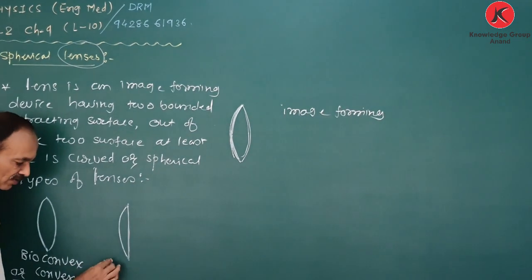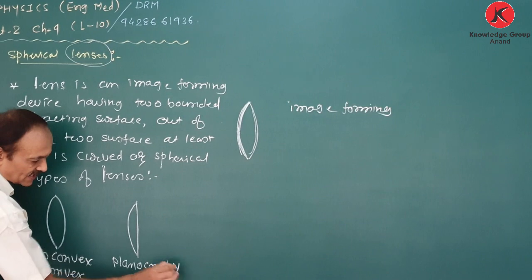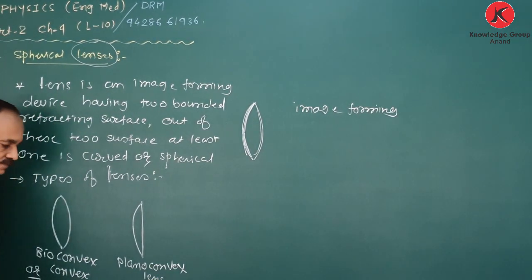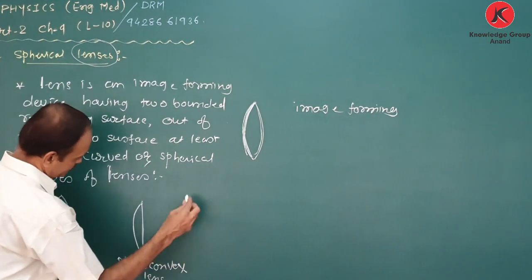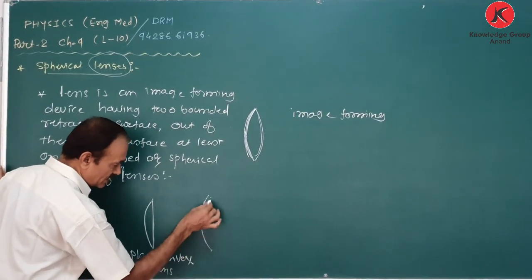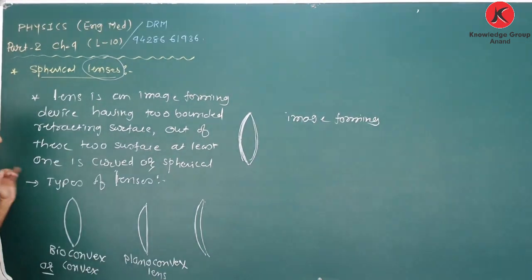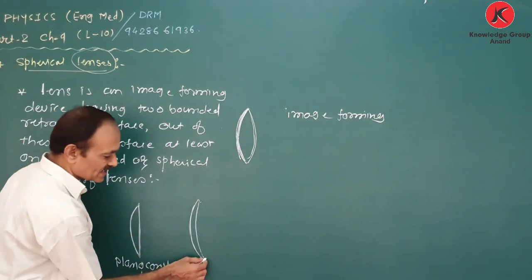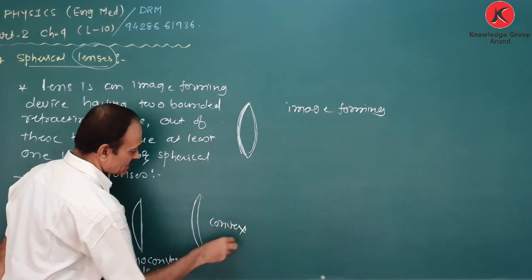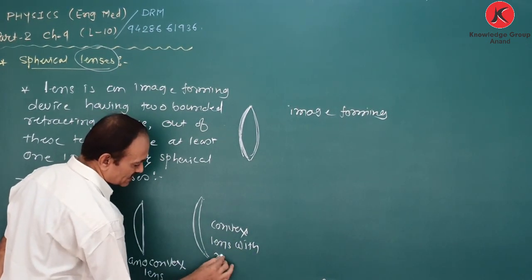So that is the plano-convex lens. After that, suppose both surfaces are curved in this manner, with the same side curvature. So that is the convex meniscus lens.